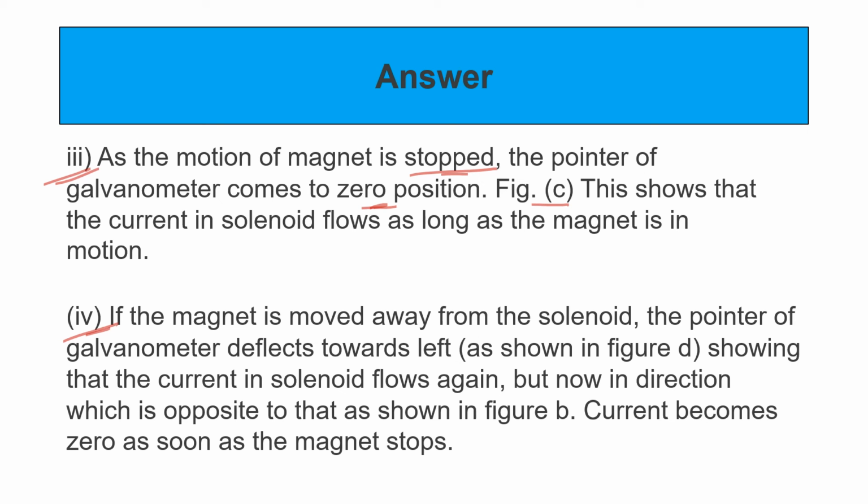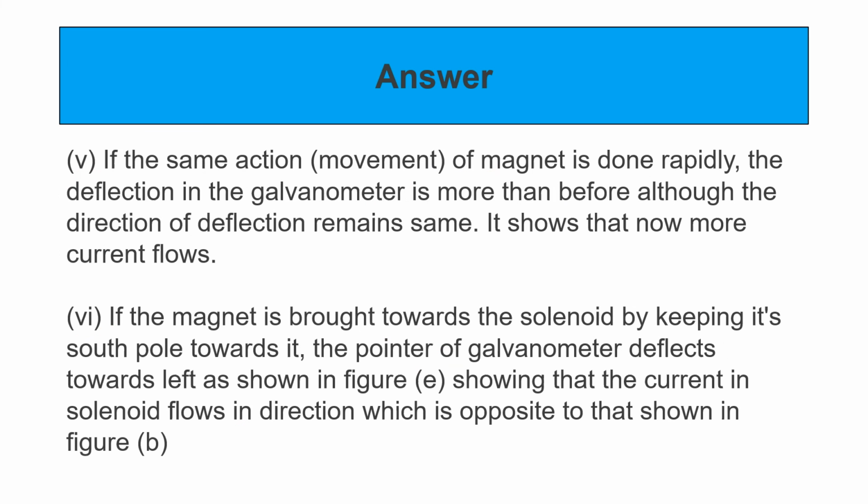What is the fourth observation? If the magnet is moved away from the solenoid, the pointer of the galvanometer deflects towards left, showing that the current in the solenoid flows again, but now in the direction which is opposite to that shown in figure B. Current becomes 0 as soon as the magnet stops.